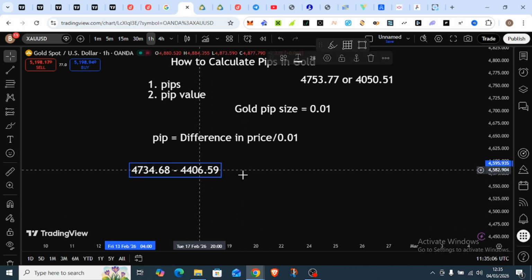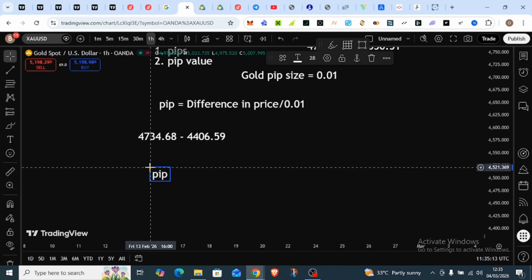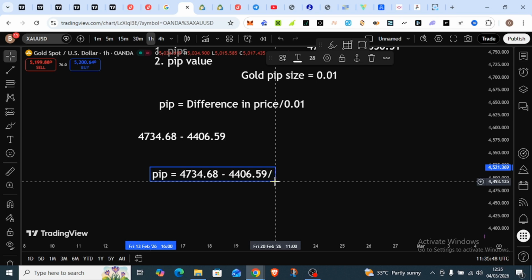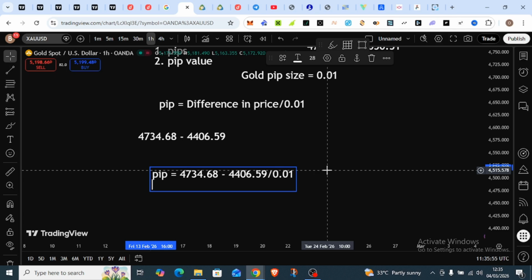For us to calculate the pip movement, what we have now is pip equal to 4734.68 minus 4406.59, which is this formula, difference in price, then all over 0.01.